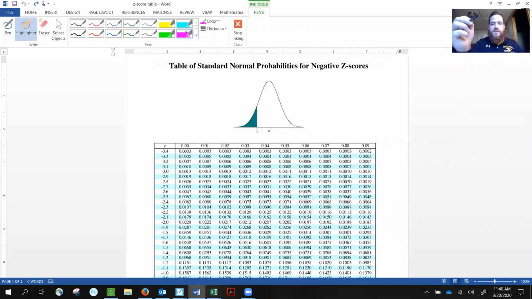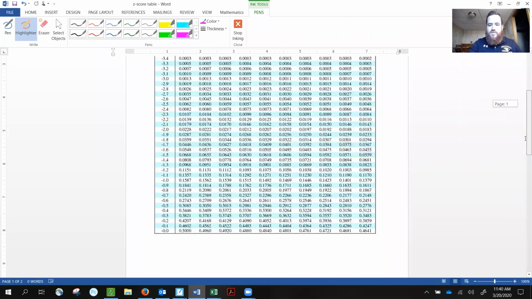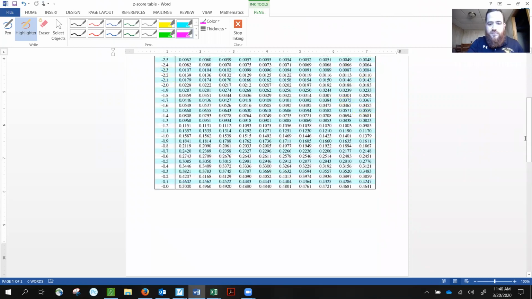And in this purple color, I want to find 0.35 on the inside of the table, as close as I can get. There's 0.34, there's 0.38. Okay, we need to get closer.